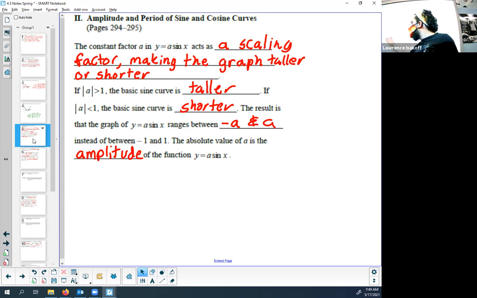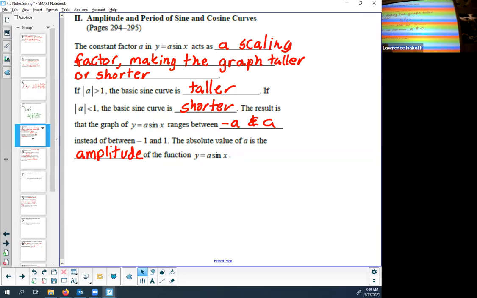So the range will always be between negative and positive A, where A is the coefficient on our sine or cosine function, instead of being between -1 and +1. That A value will also be considered the amplitude.